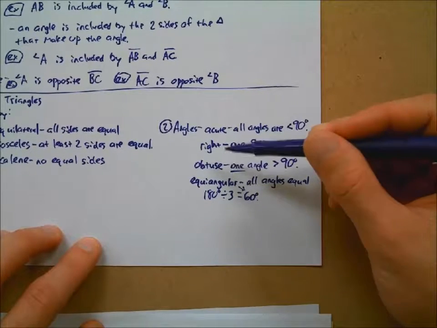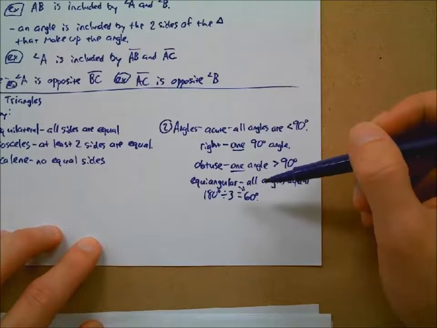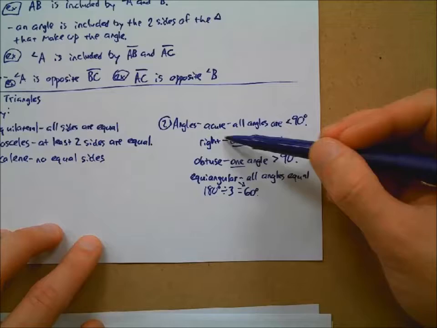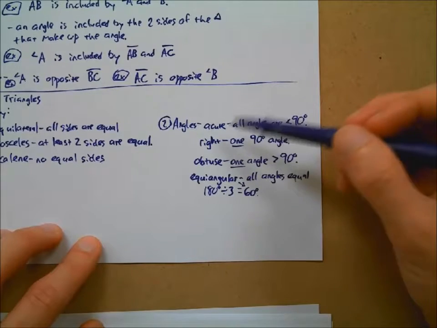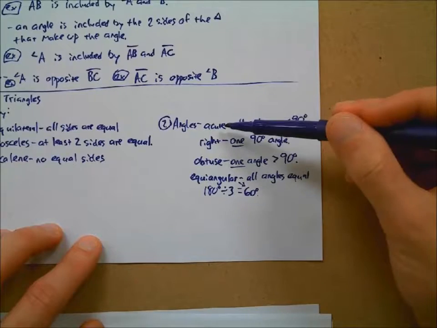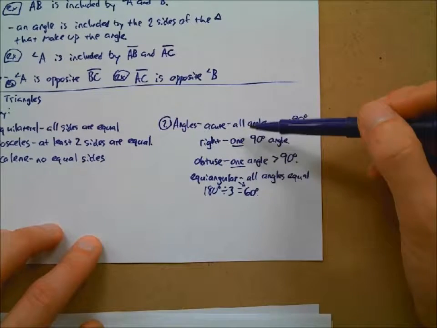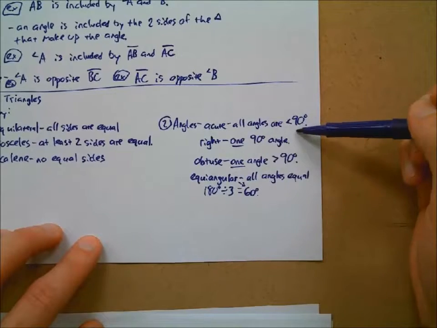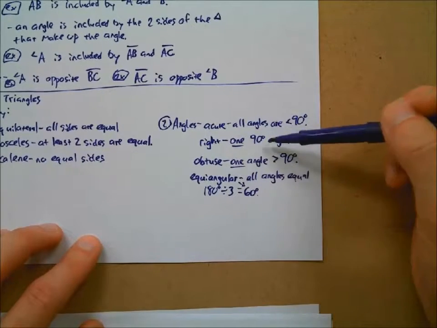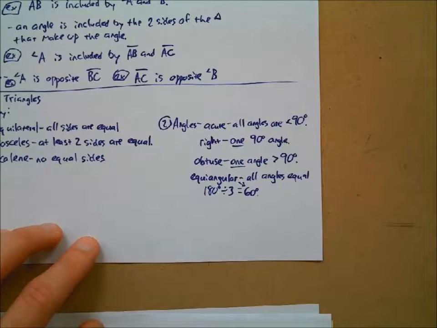So can a triangle be both right and obtuse at the same time? No. Okay? An acute triangle has all angles less than 90 degrees. For a right triangle, you have the one 90-degree angle. The other 2 will be acute, but because one of them is right, we call it a right triangle. Stuff like that. Okay?